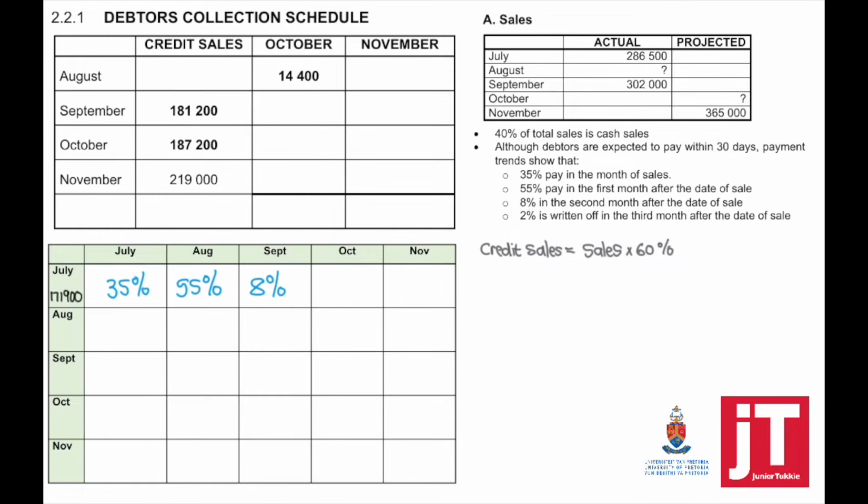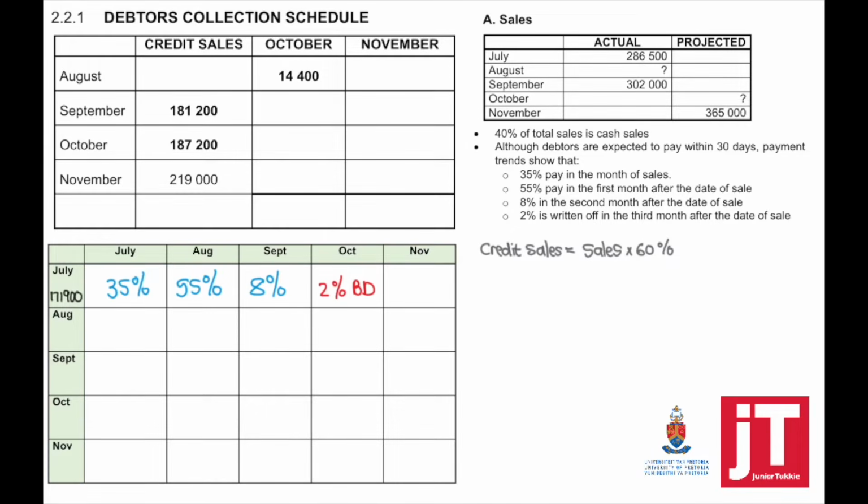The payment from debtors is expected 35% in the same month, 55% in the first month after the date of sale, and then 8% in September. 2% is written off as bad debts. Now, why am I writing that in a different color and showing bad debts?